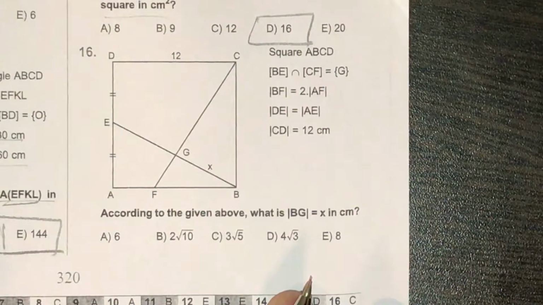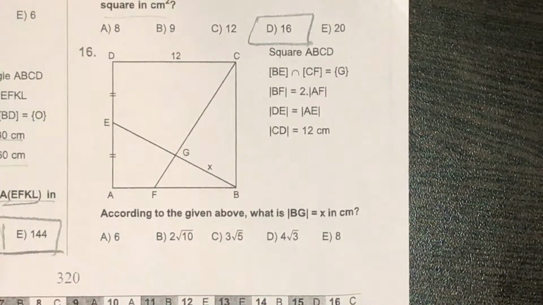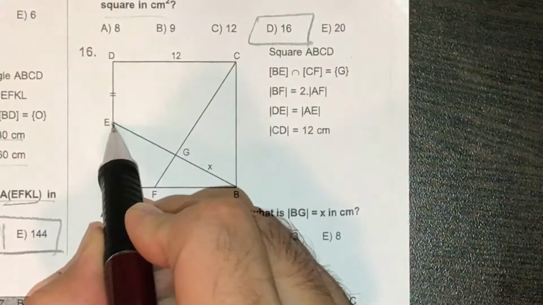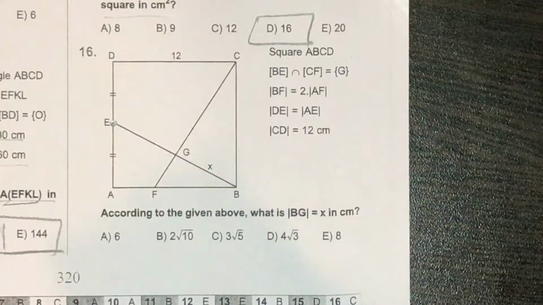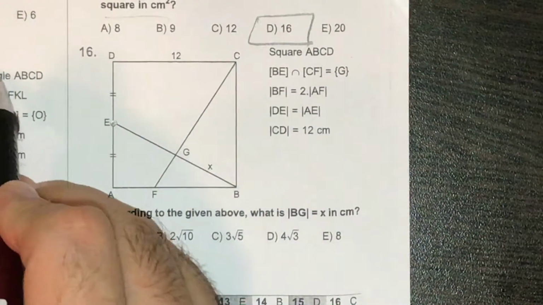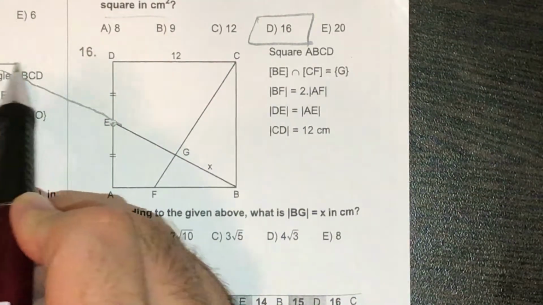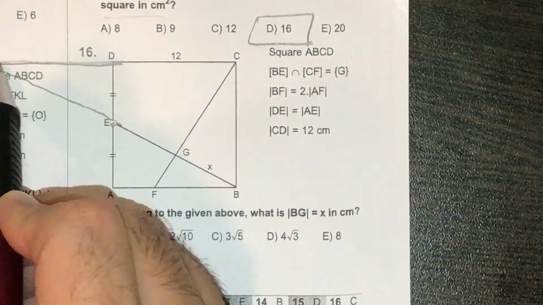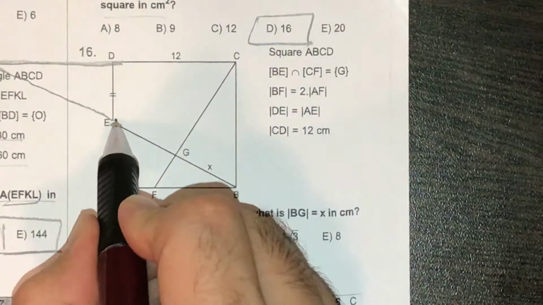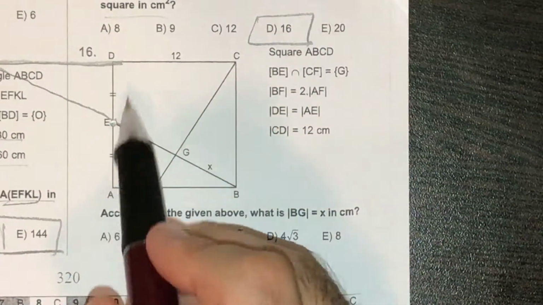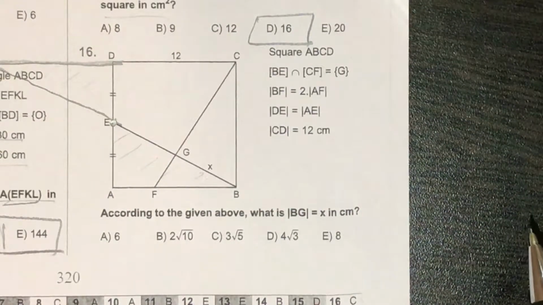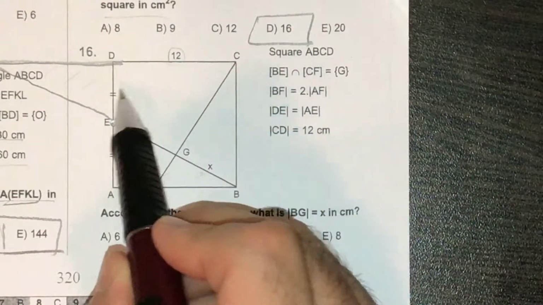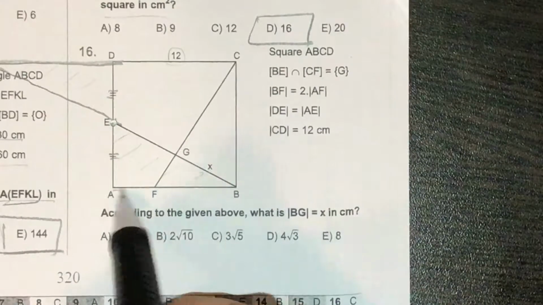And the last question of test 6, as you see, again, E is the midpoint of this line segment AD. Extend it, okay, extend it and extend it through here as well. So as you see, this triangle here and this triangle here are congruent. It is 12, this is 6, this is 6, and it is 12.